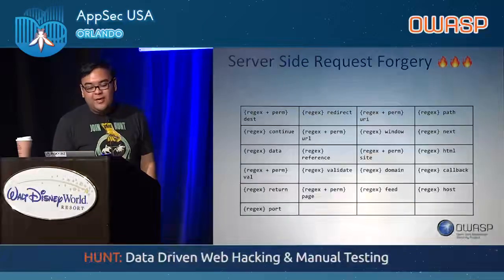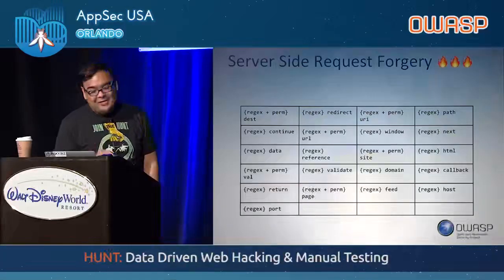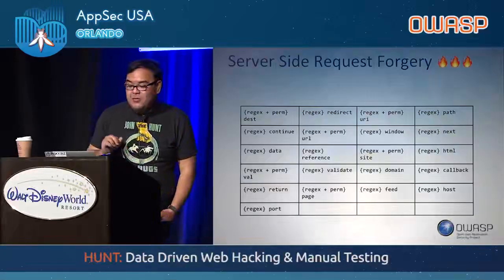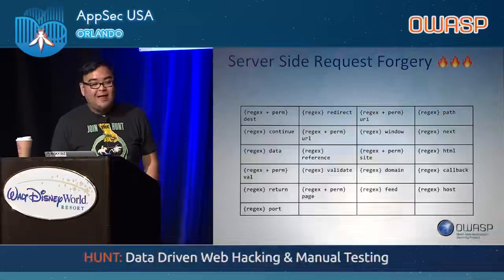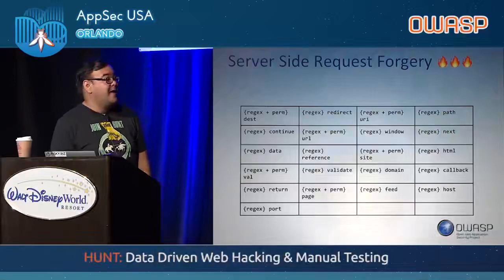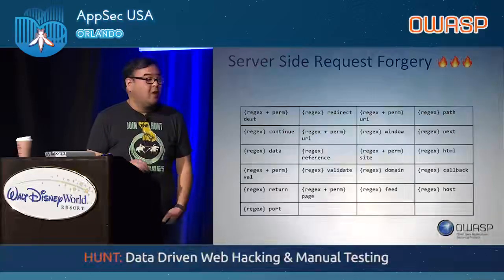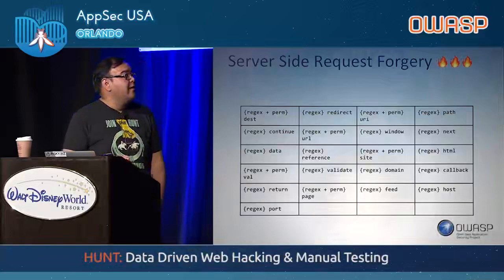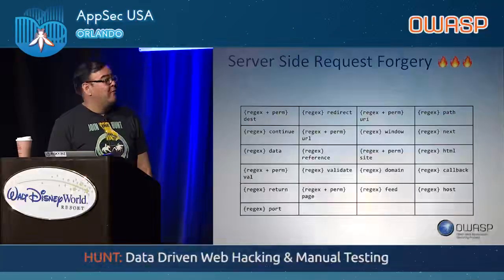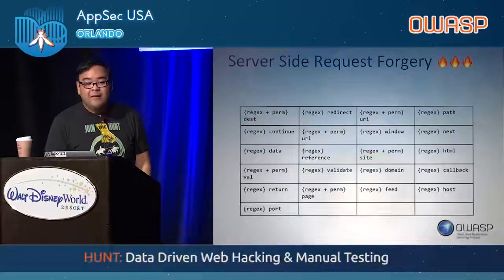Next thing here is server-side request forgery. You'll notice some of the fire emojis here, and this is because this is the most critical bug on the platform that has increased in the last couple of months and quarters, even years. Definitely look for this bug if you're out there doing your vuln assessments or pen tests.